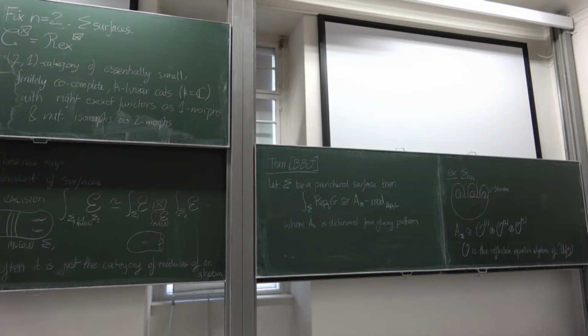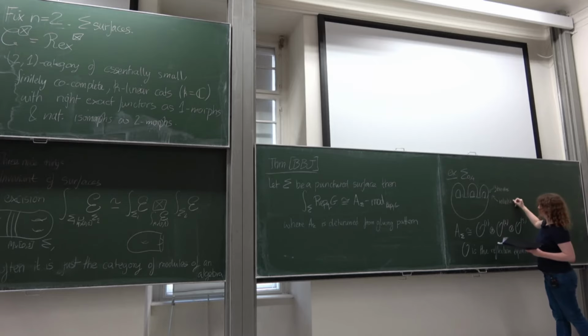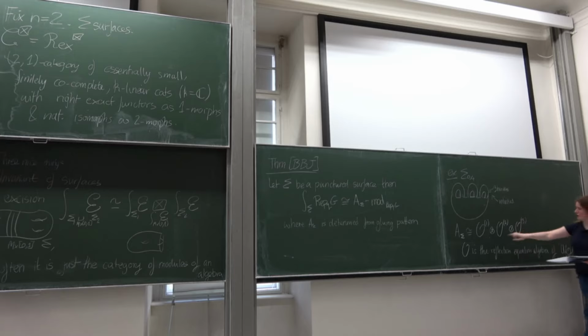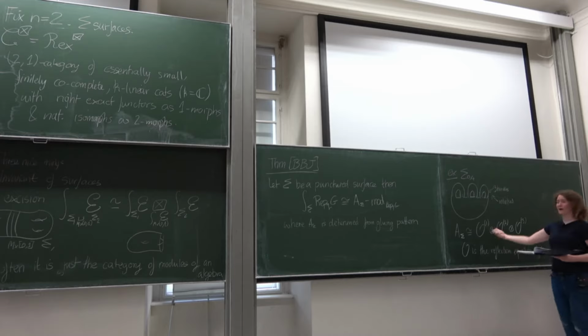And these handles are linked, which means that between the copies we have a map which permutes the copies.